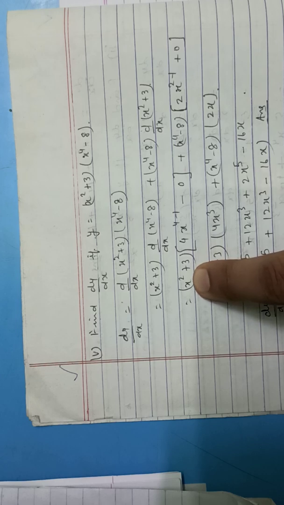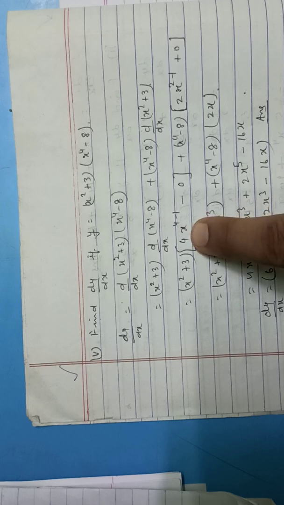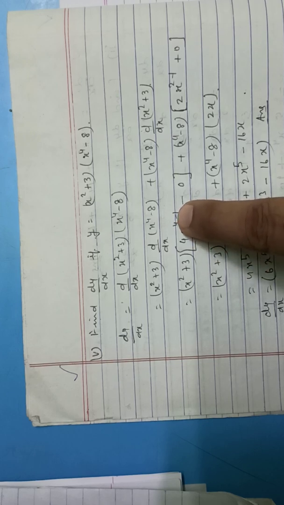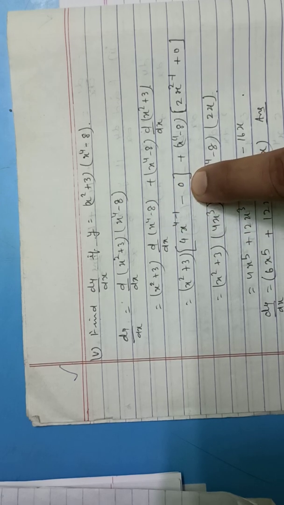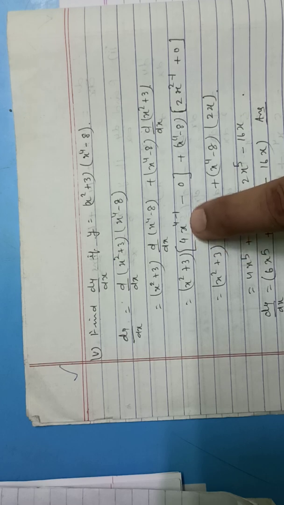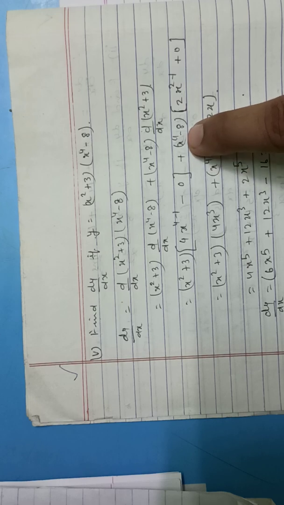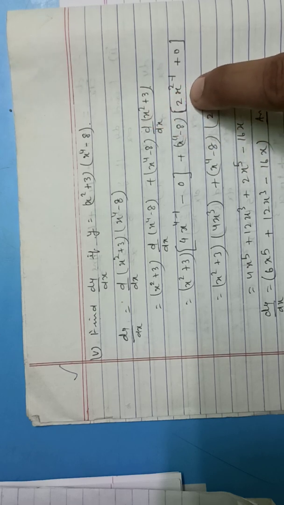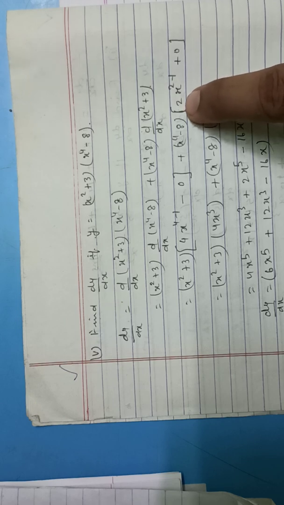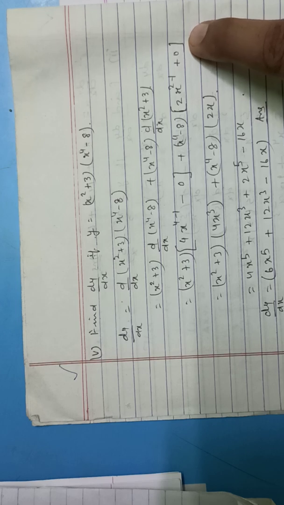Now we differentiate this one. (x square plus 3) into, 4 is the power, therefore 4x to the power 4 minus 1, minus the differential coefficient of any constant, 8, which is equal to 0. Therefore we write 4x to the power 4 minus 1 minus 0, plus (x to the power 4 minus 8) into, again we apply the power formula, 2x to the power 2 minus 1, and we apply the constant formula.